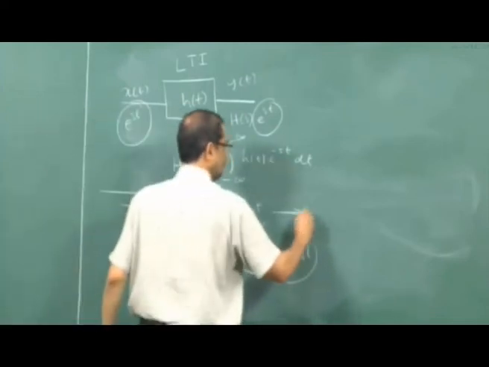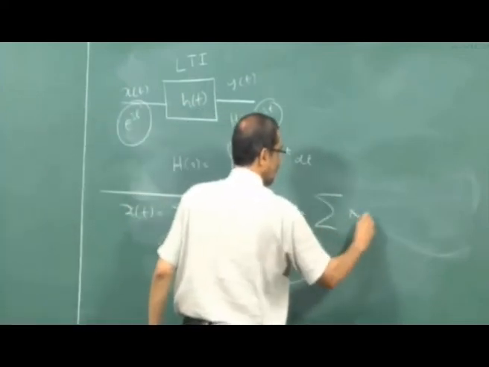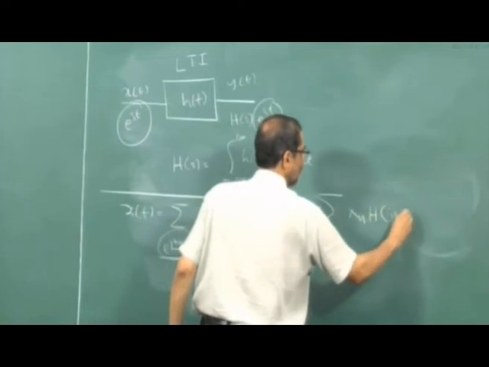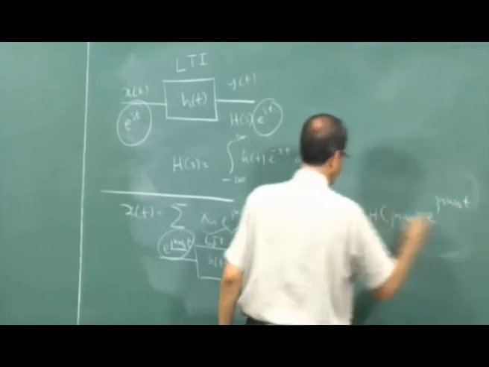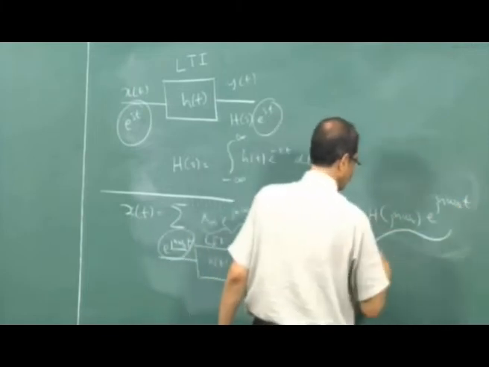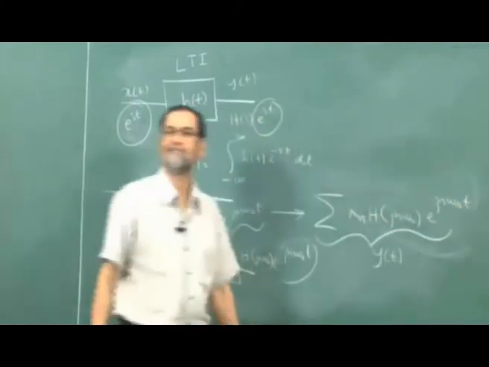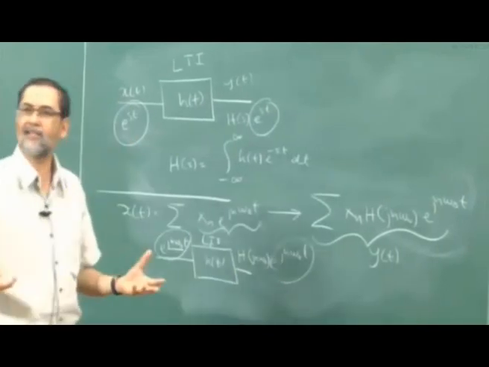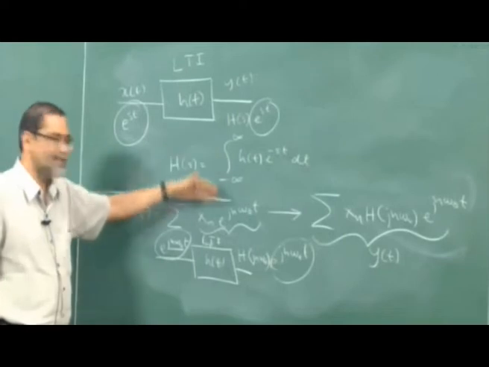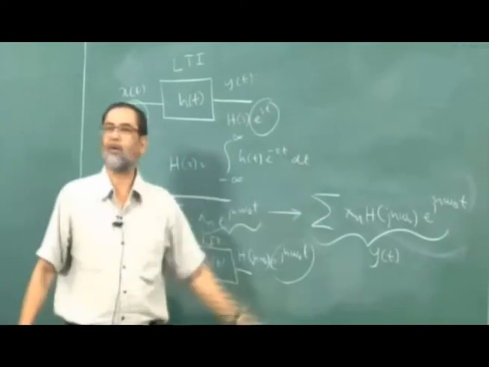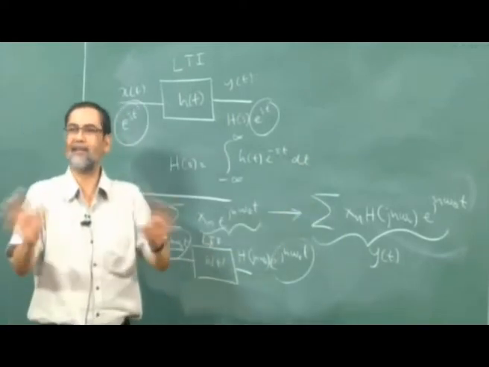The output will be xn h of j n omega naught e raised to j n omega naught t. This is the output. Extremely simple. So for an LTI system, if you feed a periodic signal in the Fourier series form, I know the output already. I don't need to calculate.